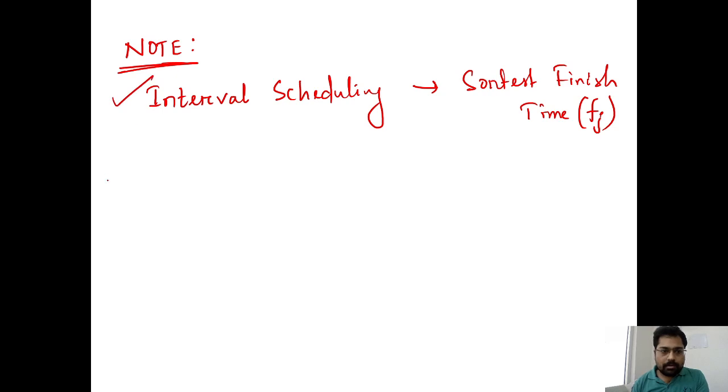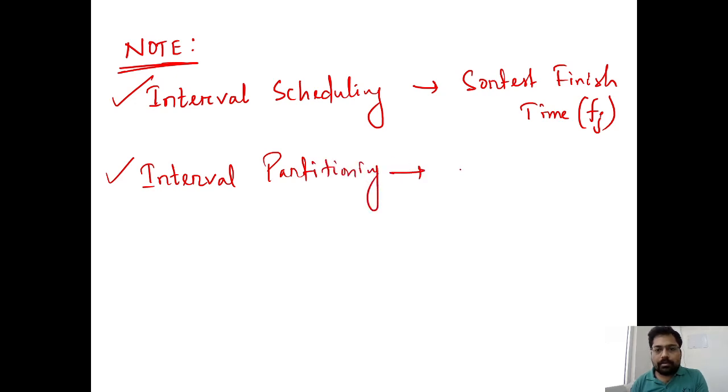For interval partitioning, we are focusing on the shortest start time first, which is s of j.